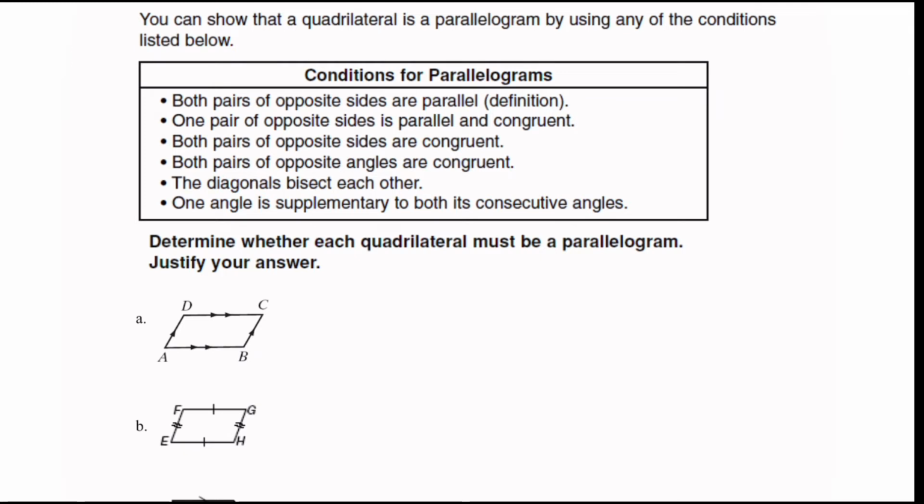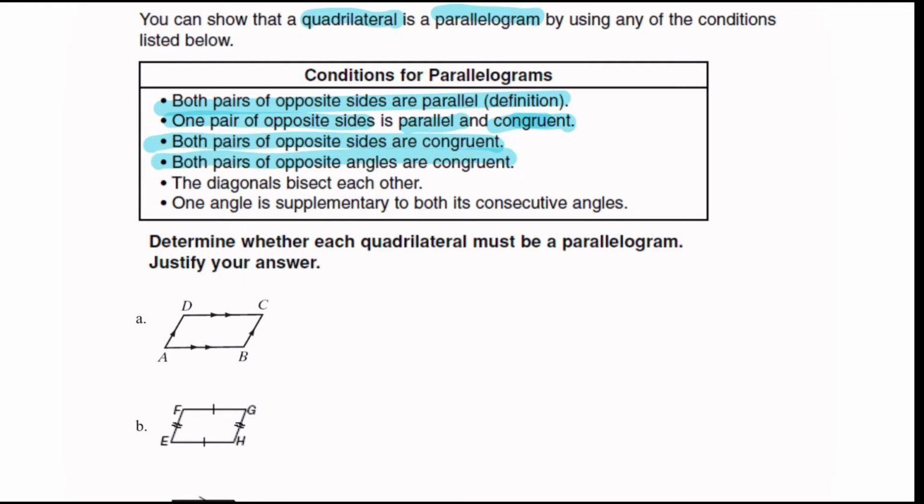So in summary, you can show that any quadrilateral is in fact a parallelogram by being able to provide evidence of one of the following conditions. You can show that both pairs of opposite sides are parallel. You can show that one pair of opposite sides is parallel as well as congruent to each other. You can show that both pairs of opposite sides are congruent.